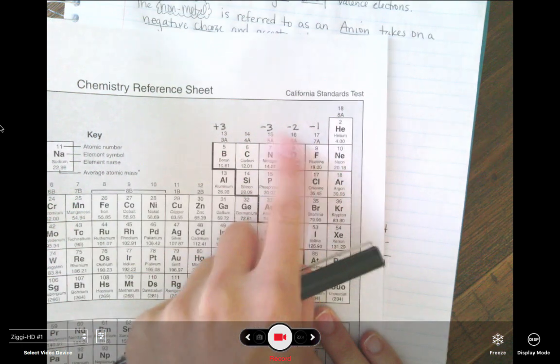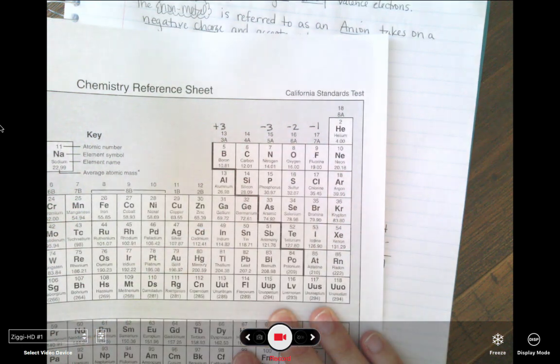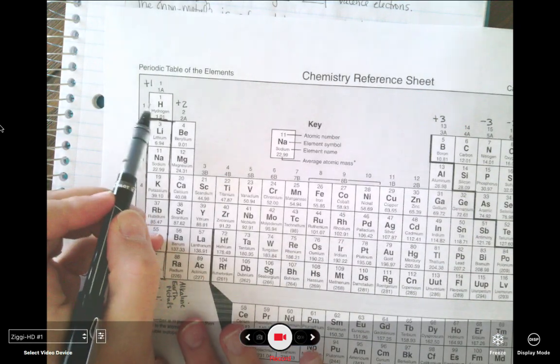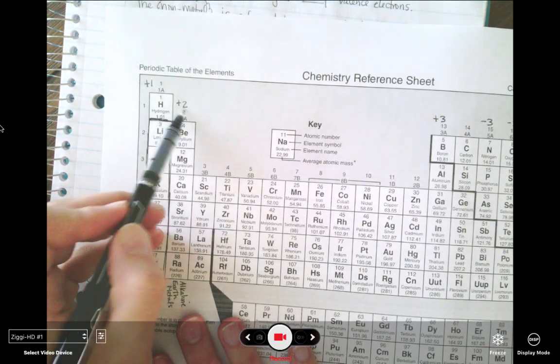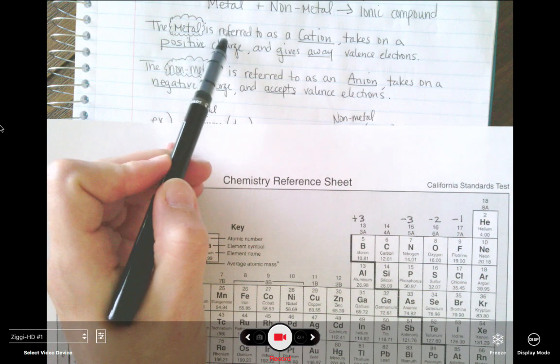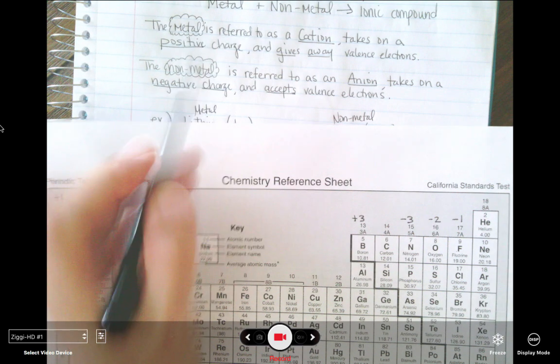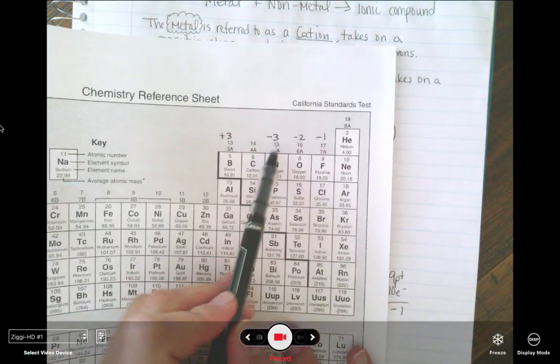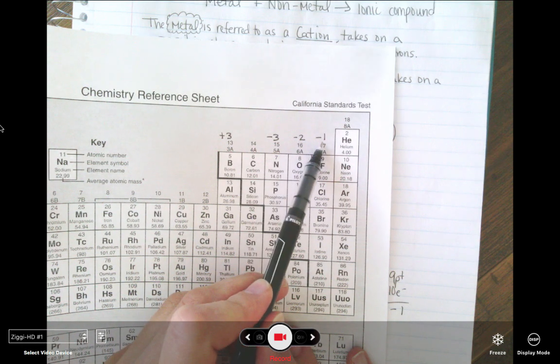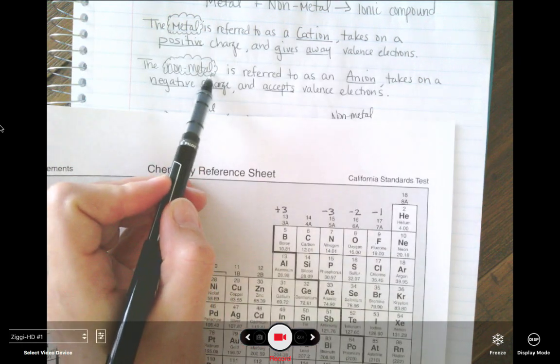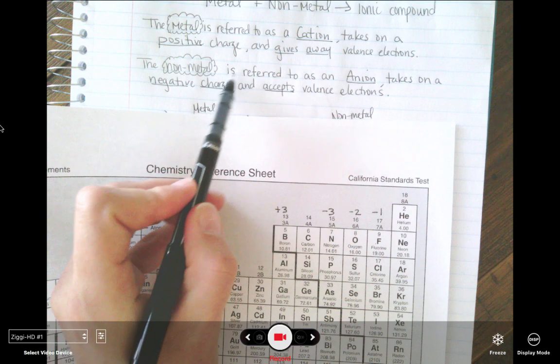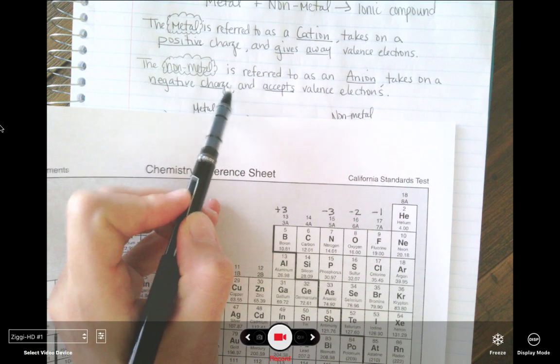So these already tell you what charge the either metal or nonmetal is going to take on. And on your periodic table, if it's a positive charge, +1, +2, +3, well, positive charges are all metals referred to as cations. And then you have -3, -2, -1. All of those are nonmetals referred to as anions that took on negative charges. So that's how you know which one's what.